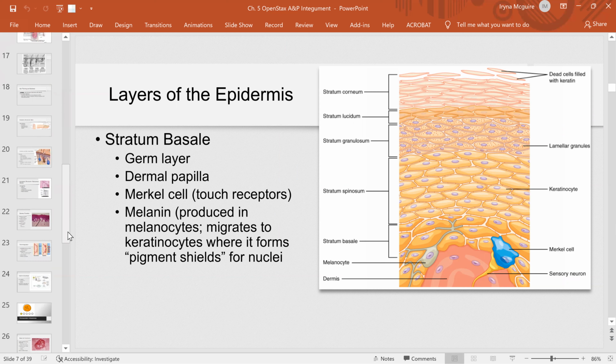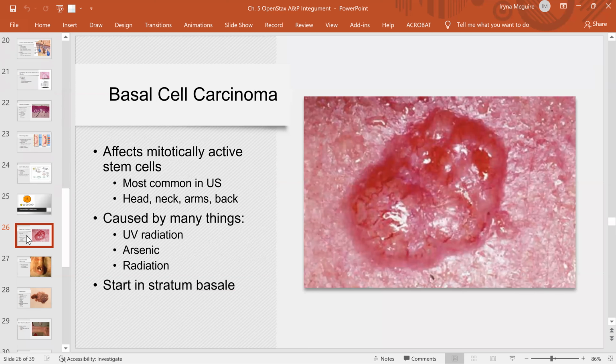So now let's go back. Basal cell carcinoma affects mitotically active stem cells found in stratum basale. It's the most common type of skin cancer in the US, but thankfully slow progressing and less aggressive.